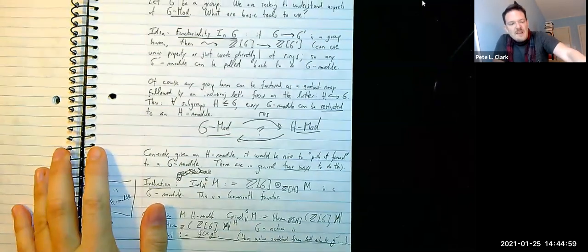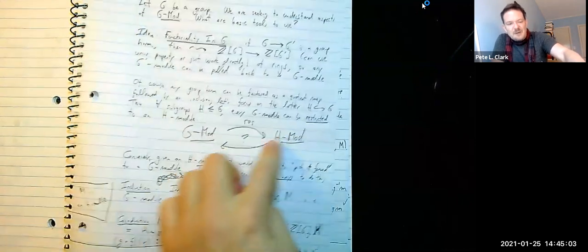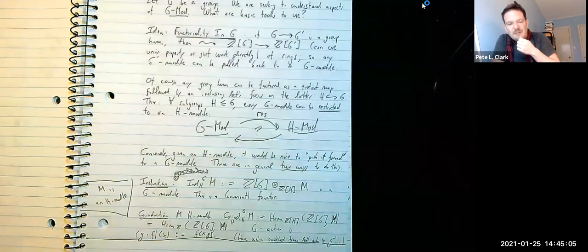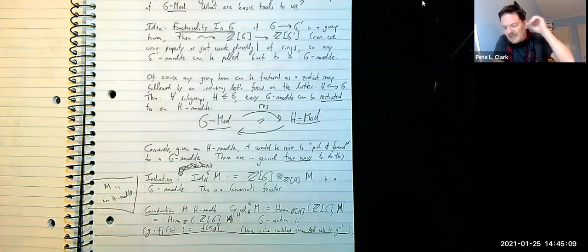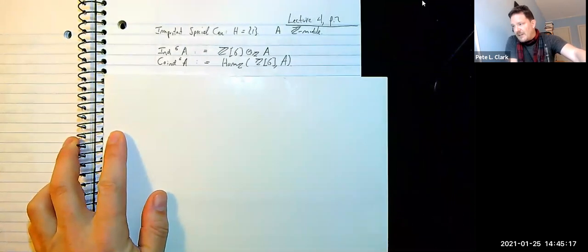At the moment, all that's clear is that both induction and co-induction are arrows going in the other direction. These are two ways of starting with a ZH module and giving us a ZG module. So there's a very important special case, which is that you can do this from the trivial group. In that case, you just start with a Z module A, and if the group is trivial, we just ignore it.